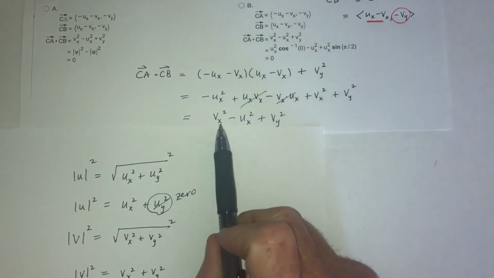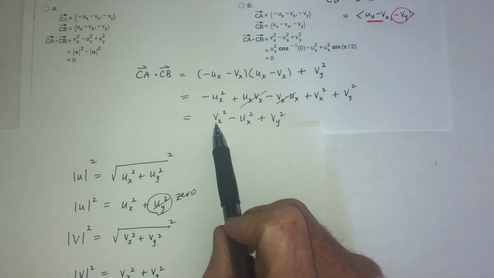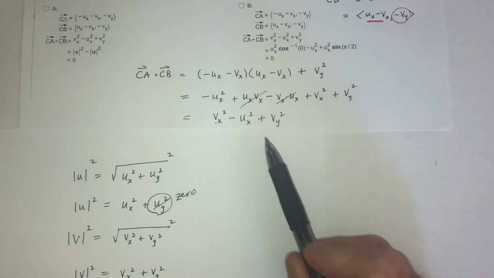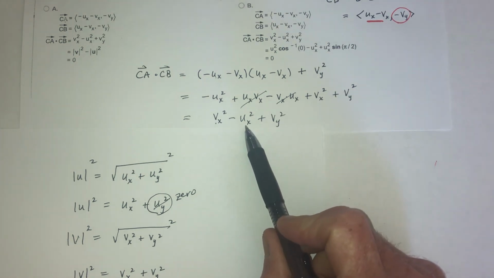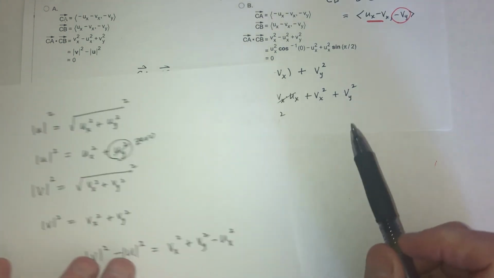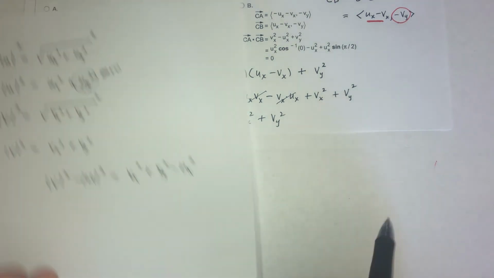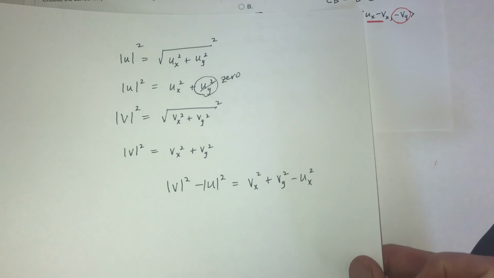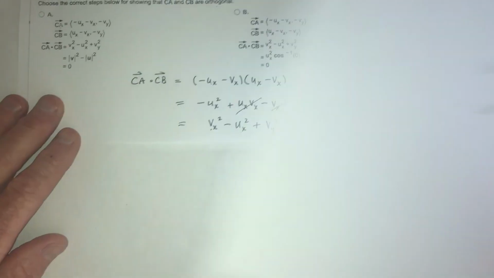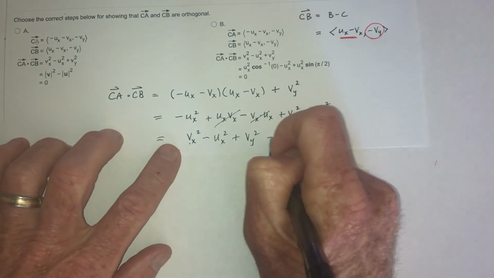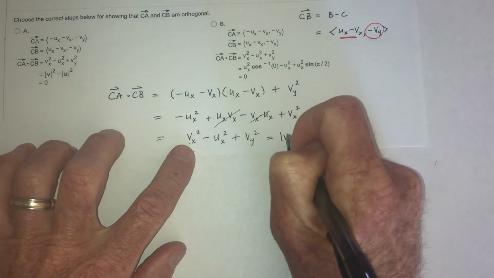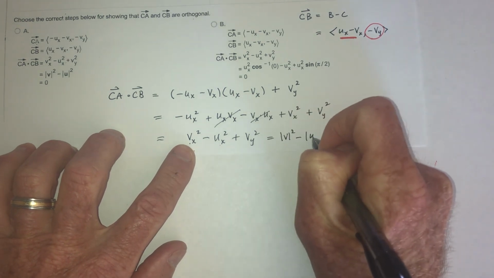And if you look at the work I had done before, it's got Vx squared, it's got the minus ux squared, and it's got the Vy squared, so they're the same. So with this, I now showed that that equals the length of v squared minus the length of u squared.